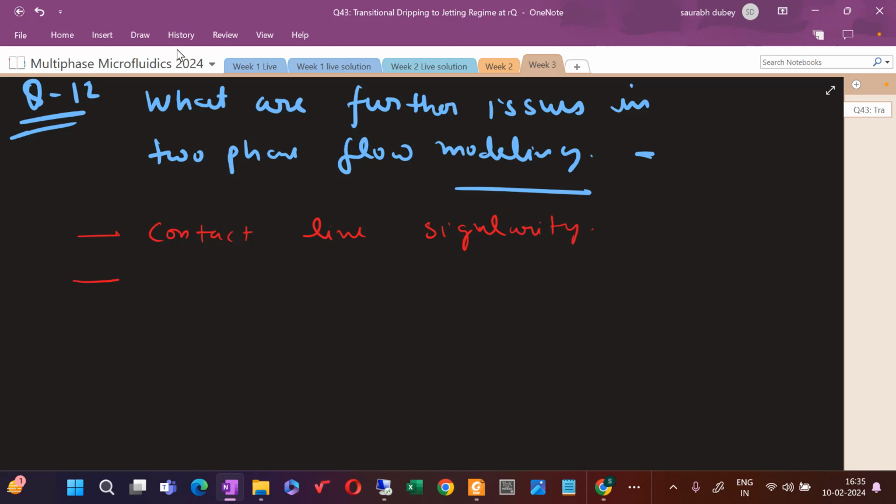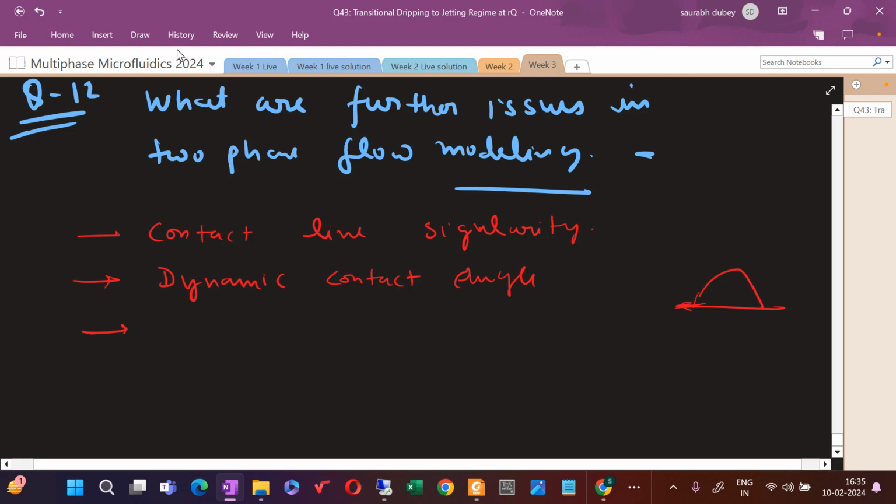Another one is the dynamic contact line. If the contact line is moving, you cannot consider the no slip condition; there is some slip condition. So this is the problem of dynamic contact angle.